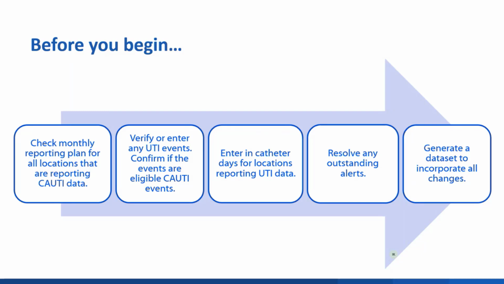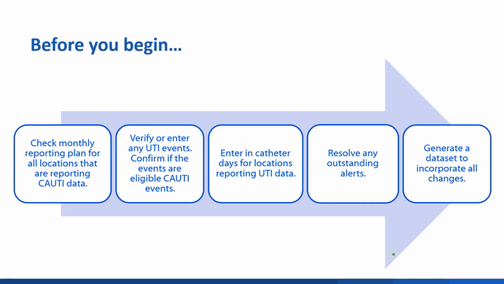This includes confirming if events are eligible CAUTI events based on the NHSN defined surveillance criteria. The next step is to enter the denominator of catheter days for locations reporting UTI data. Once all CAUTI-related data is entered, any outstanding items such as missing summary data will populate in the alert screen. Resolve any outstanding alerts before proceeding with your analysis.